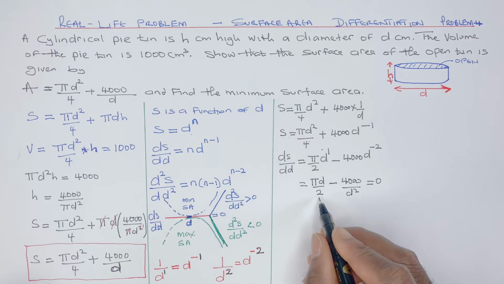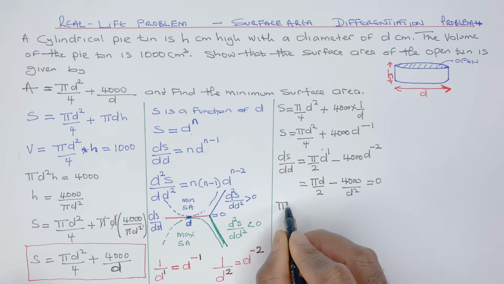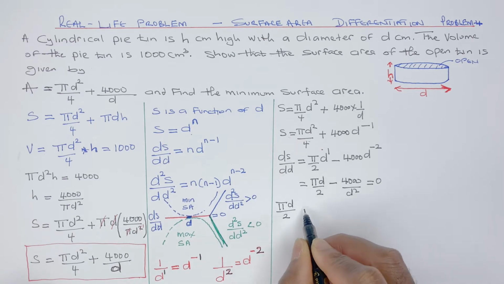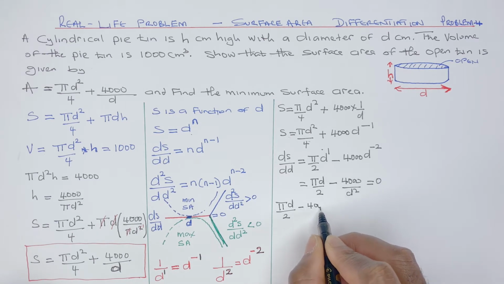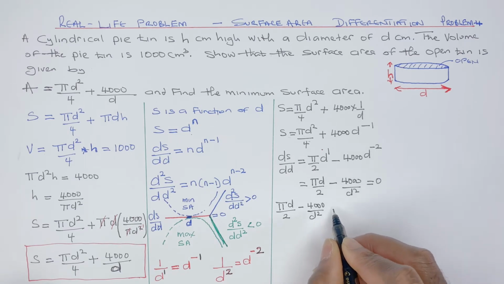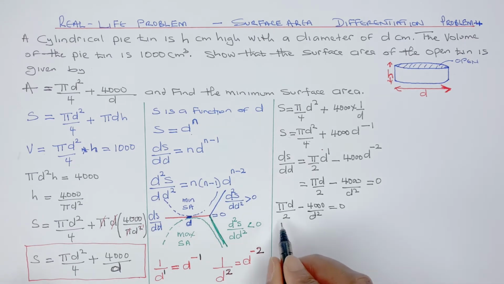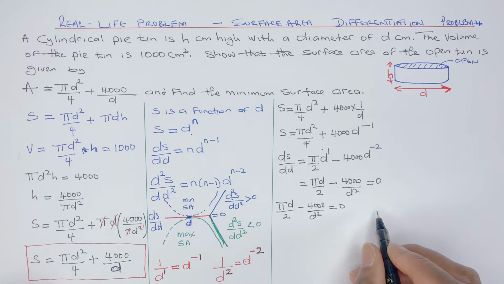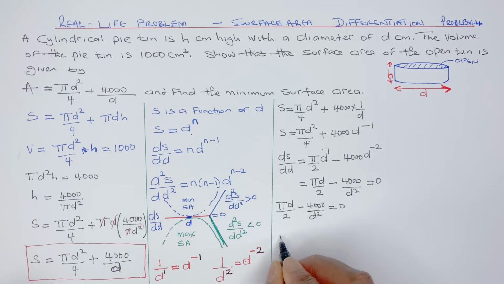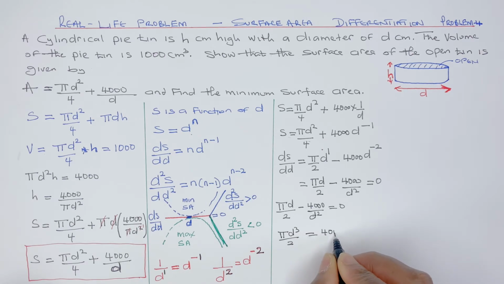Now we need to solve this problem. So pi D over 2 minus 4,000 over D squared equals 0. Multiply both sides by D squared to get rid of the denominator here. So that will be pi D cubed over 2, and if I move the 4,000 to the other side, equals 4,000, because the D squared cancels here.